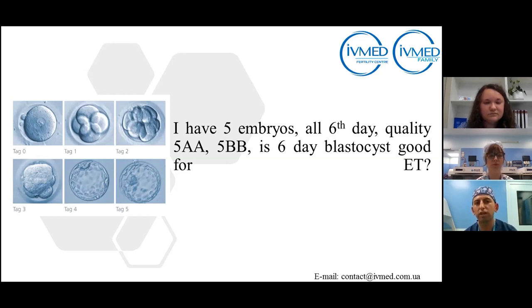Also, there is a different kind of mechanical effect possible here while we are doing hatching for the embryo biopsy. Sometimes zona permeability is lower, so the embryo gets hatched faster. Sometimes not, and they develop and hatch like 1 day later. But basically, there is no difference between 6-day and 5-day good quality blastocysts.